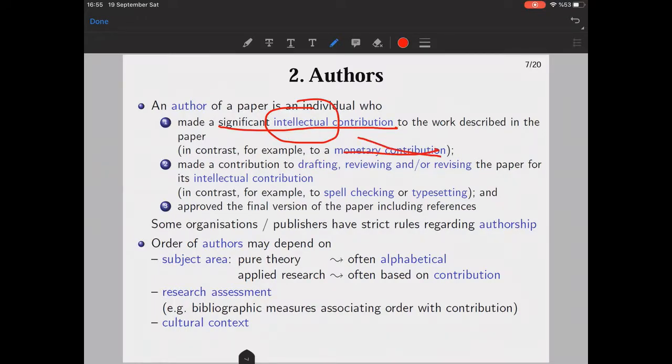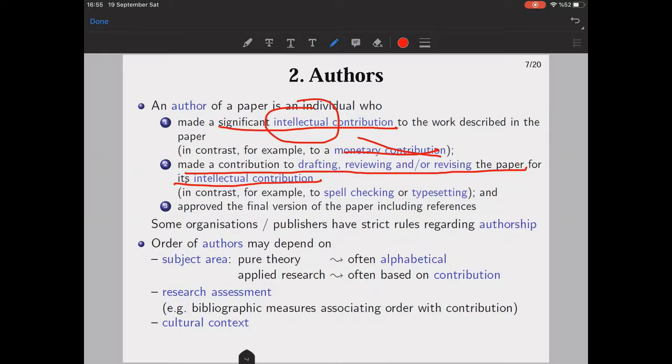You get funding, but the person who opened their laboratory for you, or who provided maybe an expensive device for you, cannot be an author. They could be mentioned in the acknowledgement part. We will see. And the people who made a contribution to drafting, reviewing, or revising the paper for its intellectual content.